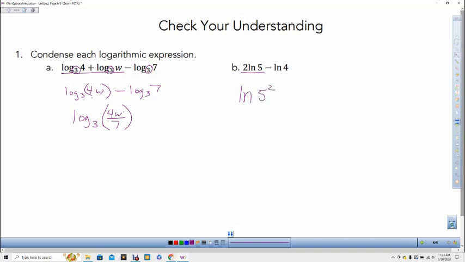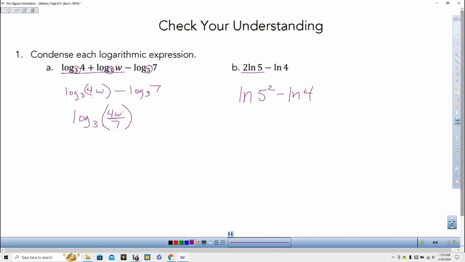Now, guys, please understand, this is not an algebraic thing. You cannot do this algebraically. This only applies because it's a log, because we're talking about powers, and that's what the end result of finding a log is, to find the exponent. So we can move that up, and then minus natural log of 4.